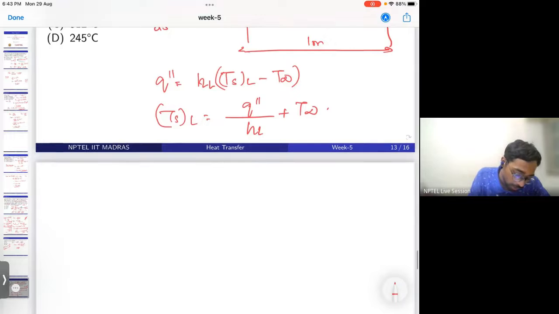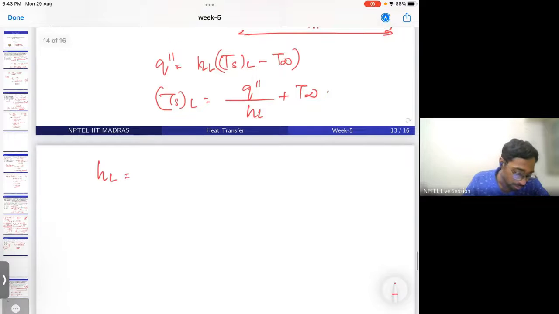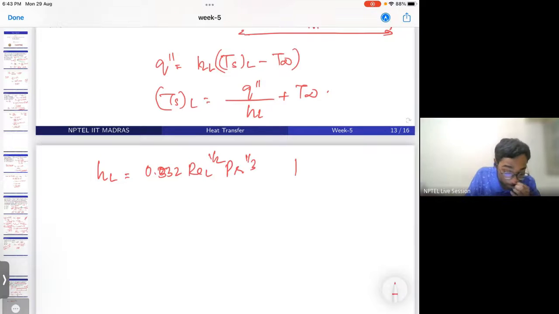So how will you find h_L? As we have done a lot of similar examples in the previous questions, we already know 0.0332 Reynolds number at L raised to 1 by 2, Prandtl number raised to 1 by 3. So we need to check whether it is laminar or turbulent. So it is U infinity L by mu.